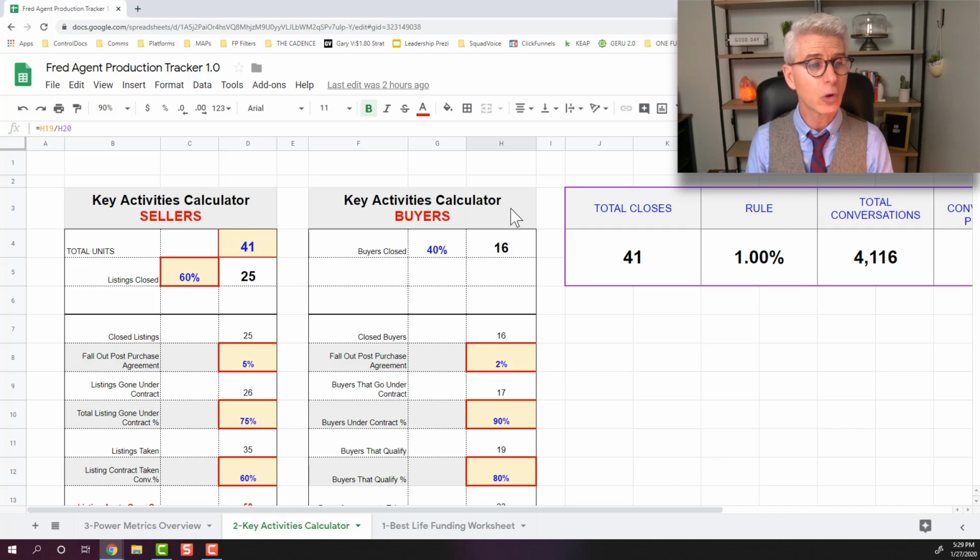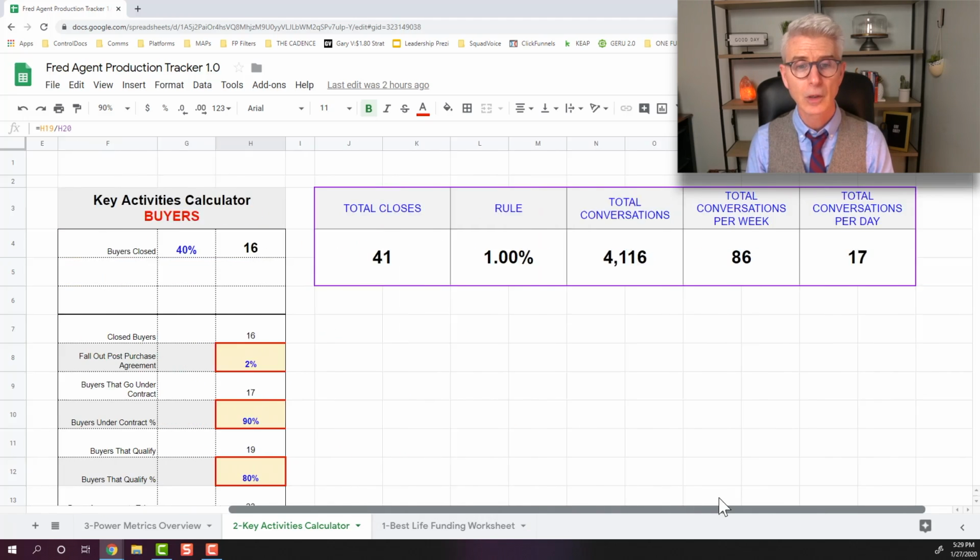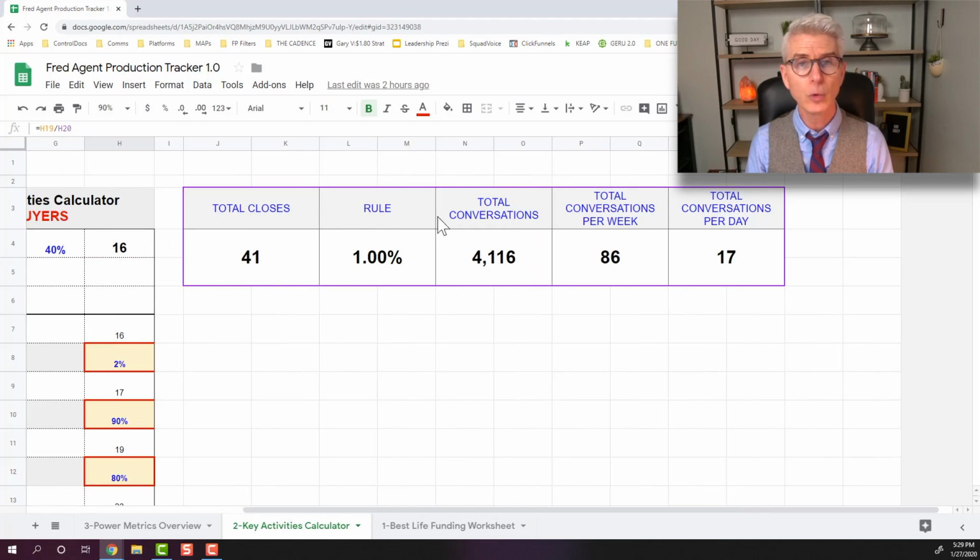Well, right next to your key activities calculators, you're going to see here a little table that I call the rule of 1%. So Fred's got to do 41 closes. Here's what we do. If you take 41 and you divide that by 1%, what that means is Fred's going to have to talk to 4,100 people, right, over the next year.